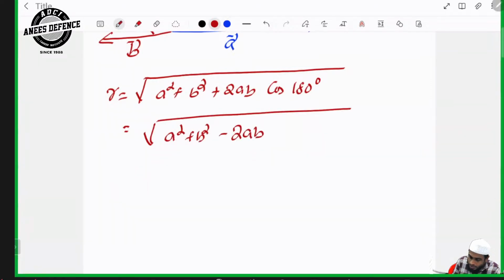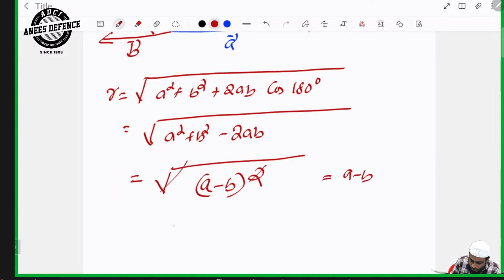Because we are multiplying with the minus 1, so minus 2AB. What is A square plus B square minus 2AB? Which identity? A minus B the whole square. So this square root and this square will get cut.